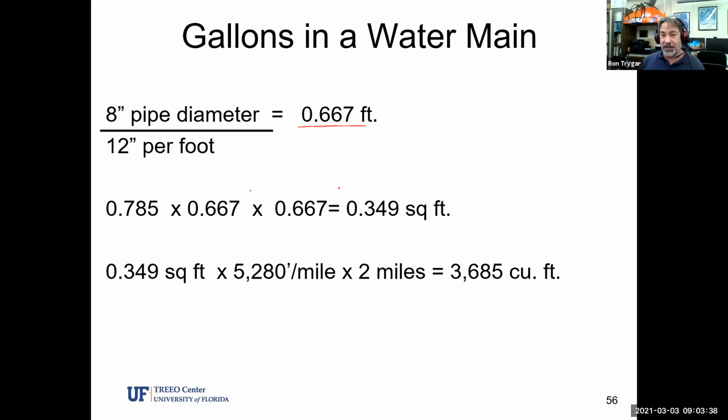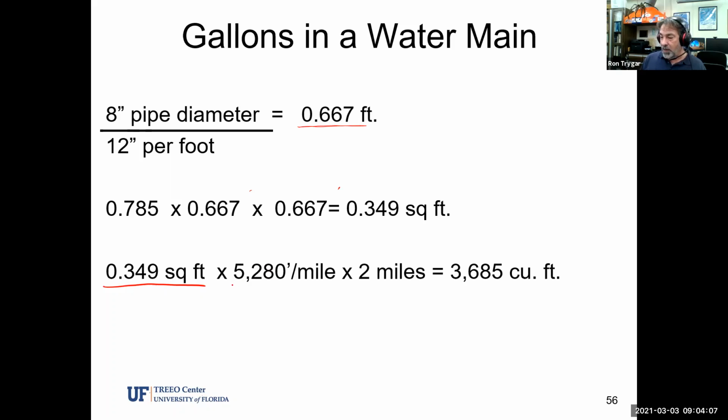So the first thing we really need to do is figure out how many feet are in 1 mile. So we can work it out like this. We have 5,280 feet in 1 mile. On the conversion table, it says, I believe, 5,280 feet or 1 mile. So there are 2 of those mile units. So we rewrote the formula here. So here's our square footage opening of the pipe.